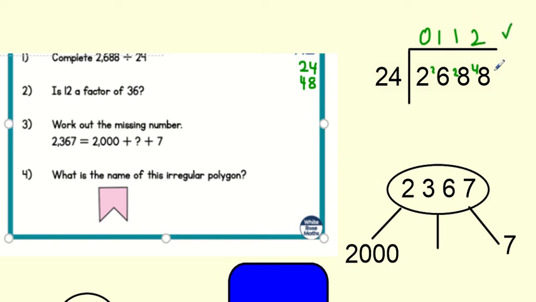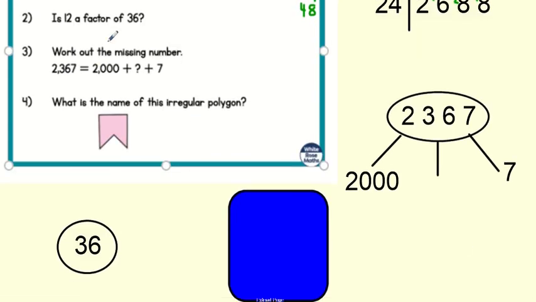As always, if you've made a miscalculation, do go back and do a double check. Right, so we're on to question 2. Is 12 a factor of 36? Now, what is a factor? Brilliant. We want to know if 12 multiplied by something is 36.